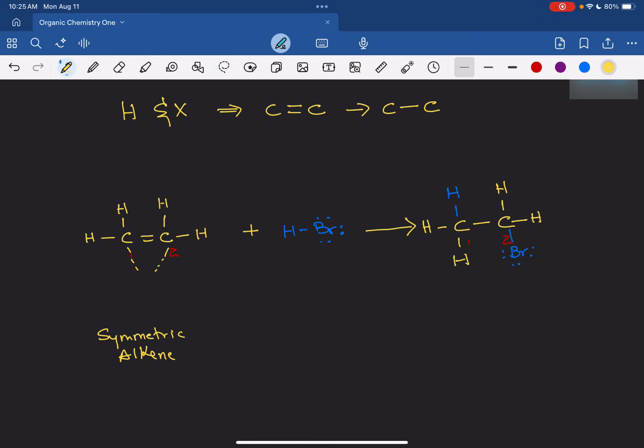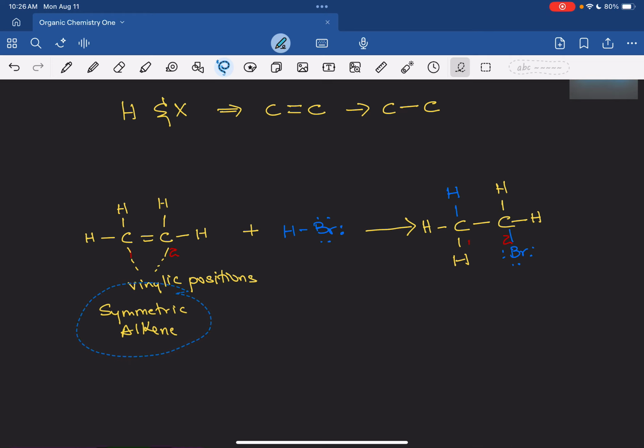So let me label that. These two carbons are called vinylic, and these are the only two positions where you can add your hydrogen or your bromine. Let's go back to symmetric alkene.